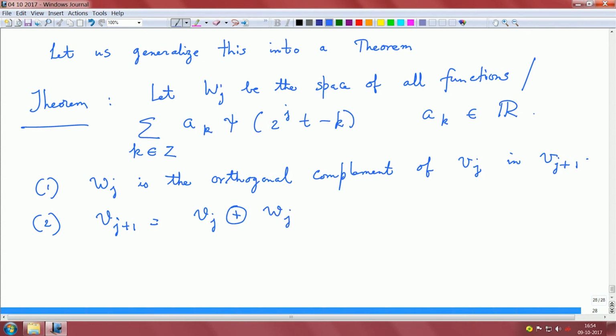So, this is the statement of the theorem. That means we have to prove both these properties.